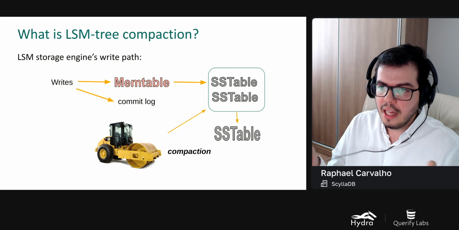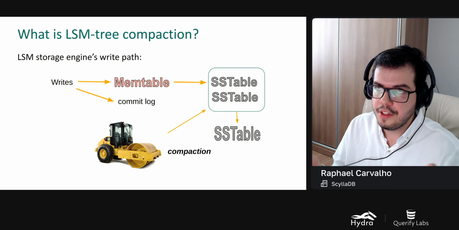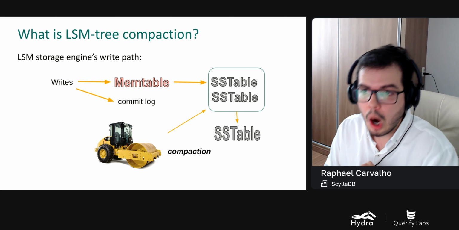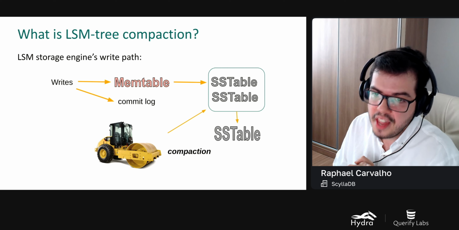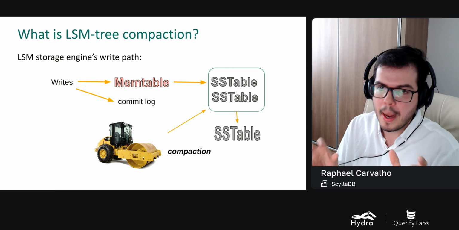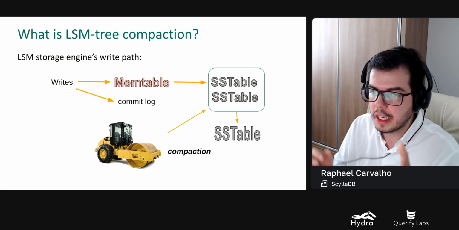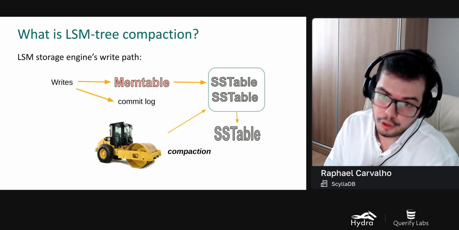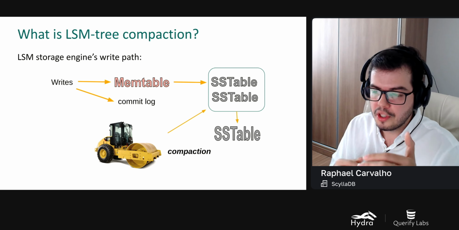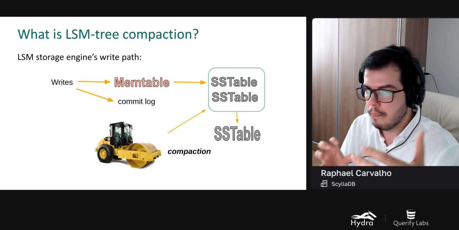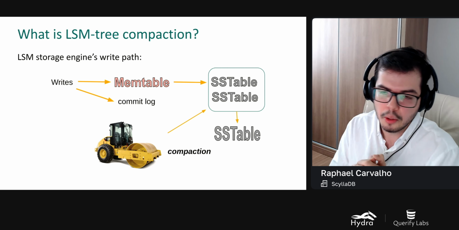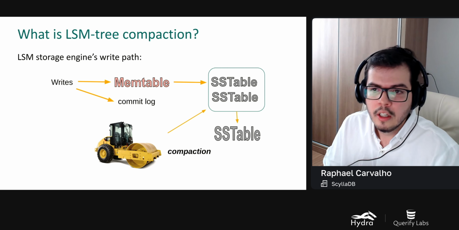If the workload is write only, meaning that we don't overwrite data, when compacting two input files we are going to output a larger file containing the merged data of those two input files.